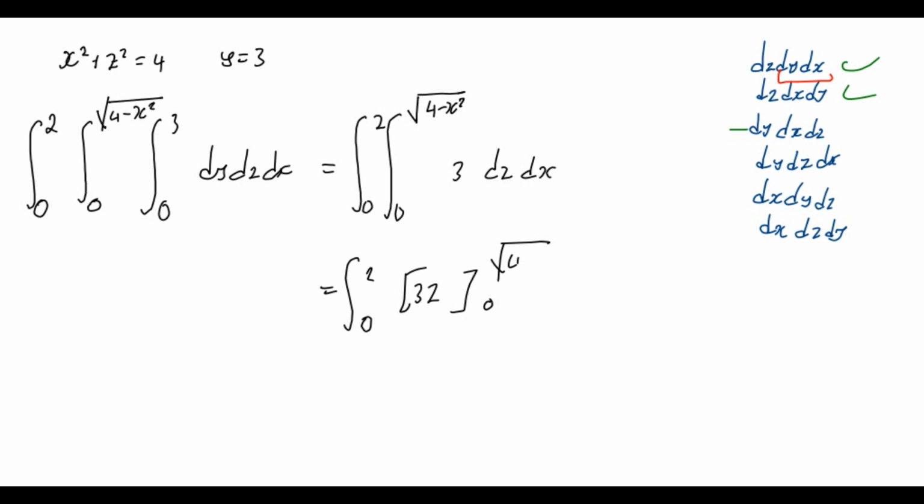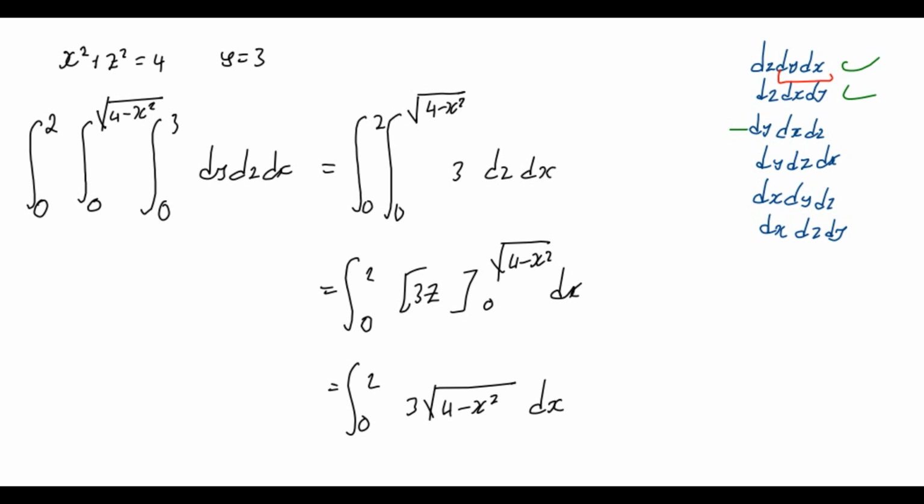Write down the right thing. 4 minus x squared dx. So evaluate there. This is going to be from 0 to 2. That's just going to be 3 square root of 4 minus x squared dx.